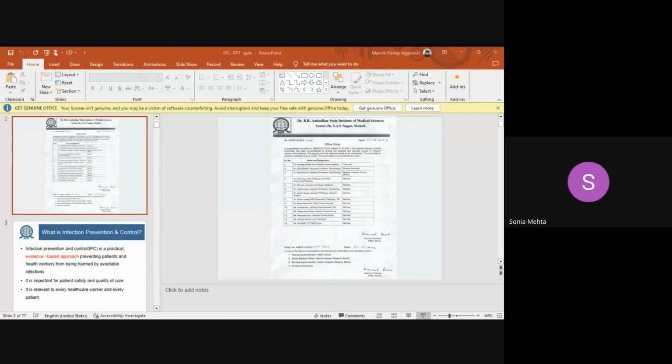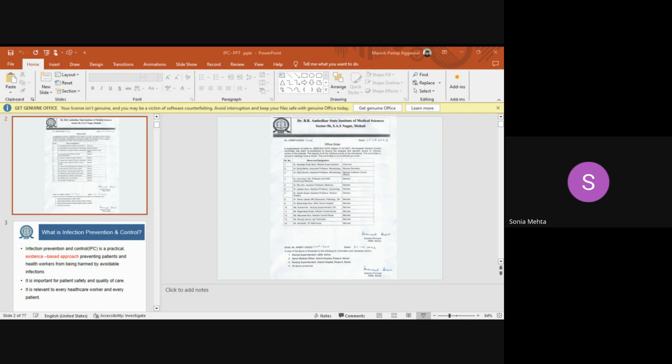I am a senior microbiologist of 15 years experience, and as per the NMC, the regulatory body of the medical colleges, senior microbiologists should hold this post, and members from different disciplines were included.